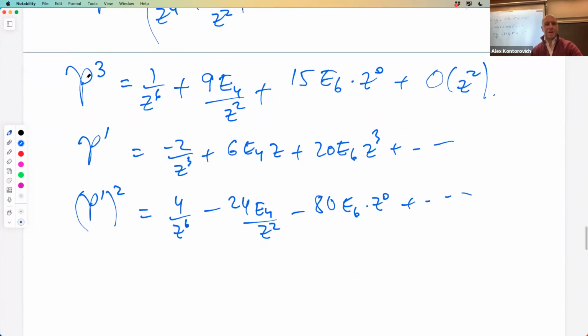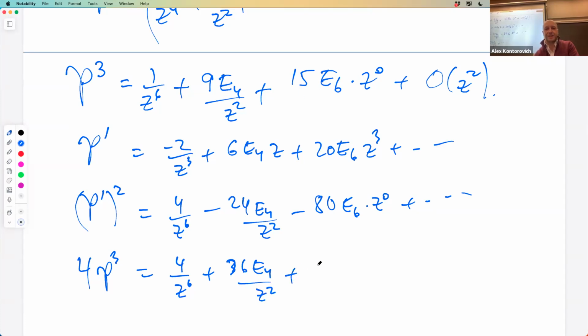If I multiply p cubed by 4, just to match that first coefficient, I get 4 over z to the 6 plus 36 E4 over z squared, and 15 times 4 is 60 E6 times z to the 0 plus higher order terms.